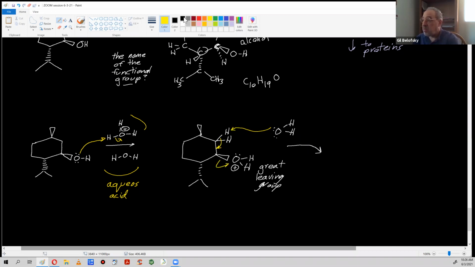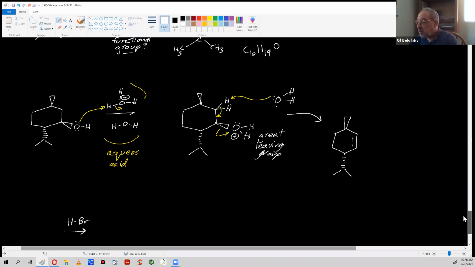Just reviewing the mechanism, resulting in a double bond there. This was way back when we were doing, how do alkenes react? How do alkenes get formed? So we've got this material now.